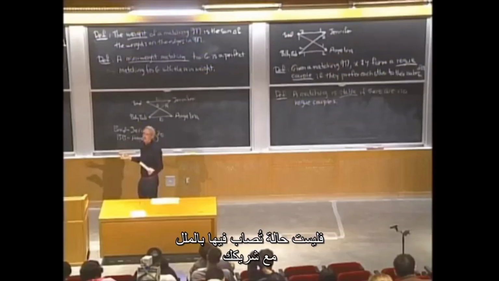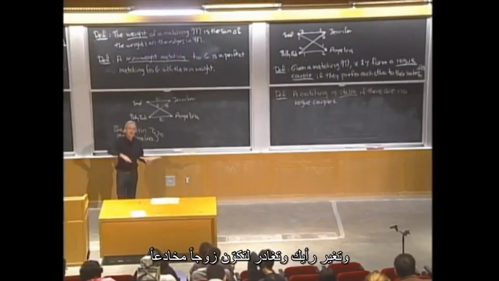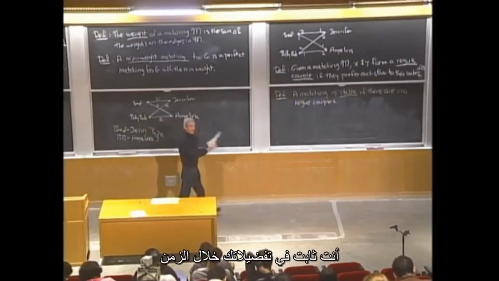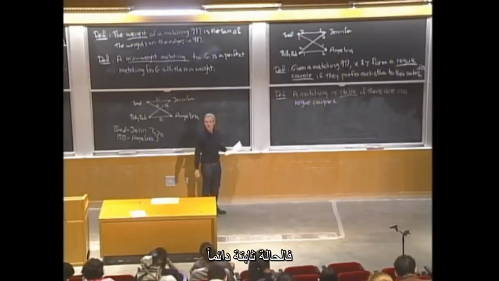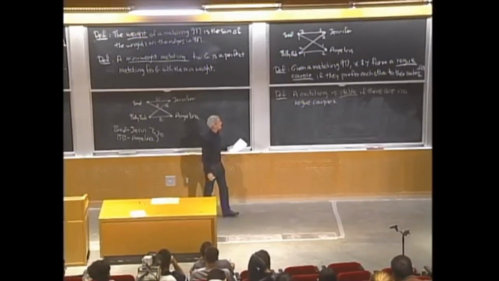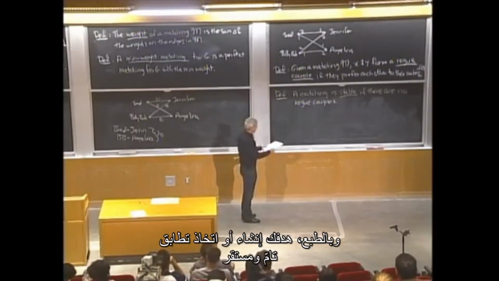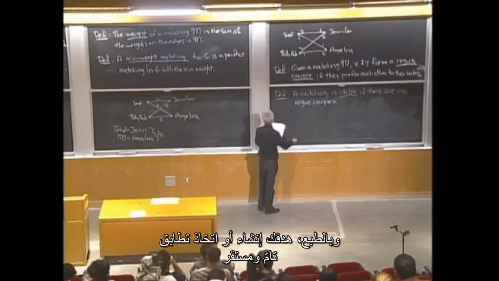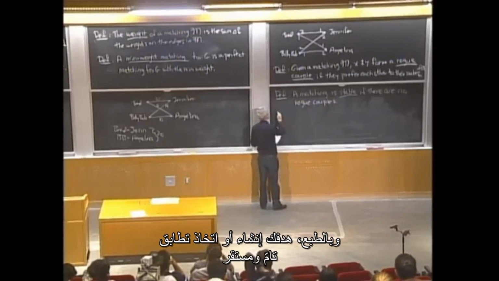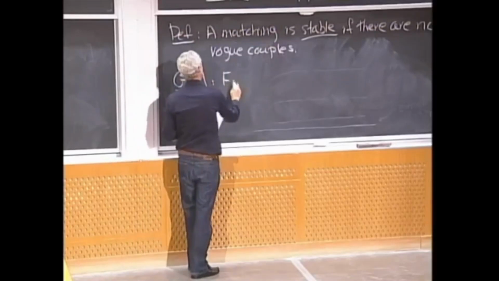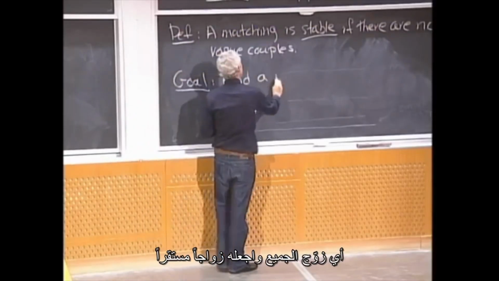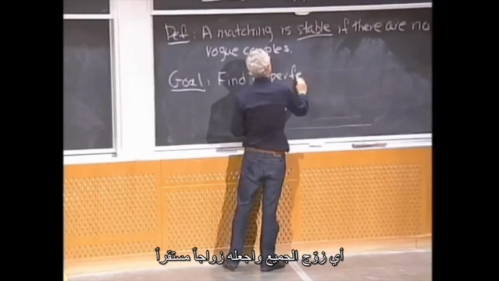So it's not a situation where you get bored with your spouse and you change your mind and then you go off and create a rogue couple. You're fixed in your preferences over all time, and you know playing the field, none of that stuff here. Okay, so it's fixed once and for all. And your goal, of course, is to create or find a perfect matching that's stable. That's the goal. So get everybody married up and make it stable.